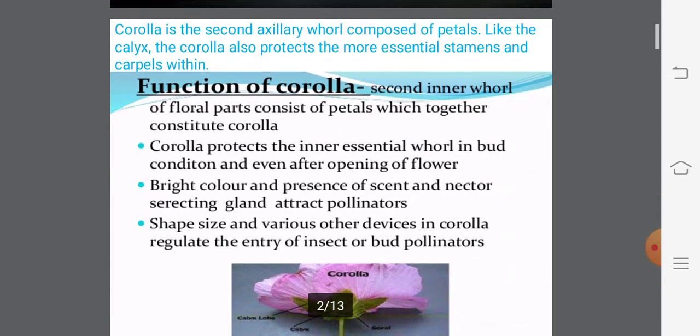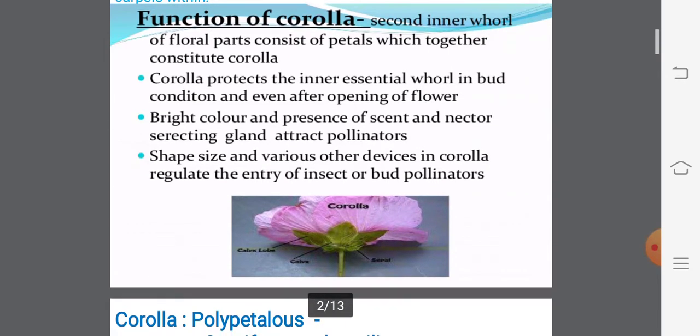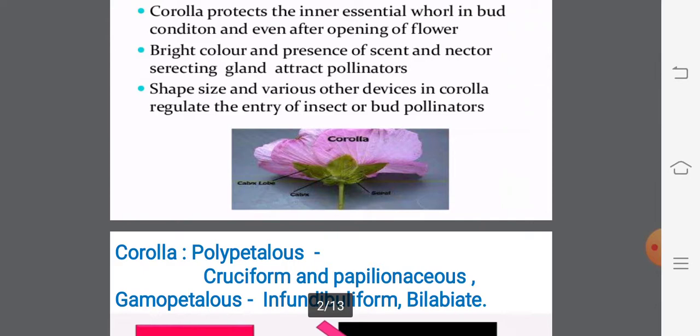Secondly, it protects the essential whorls, the stamens, even after the opening of the flower. Corollas are bright in color and show the presence of scent, and the nectar secreting glands attract the pollinators.